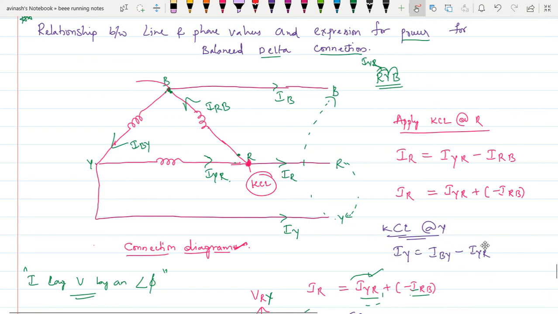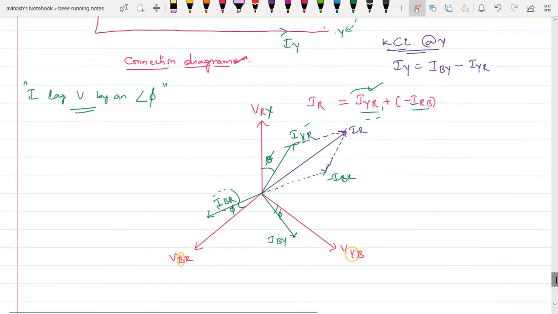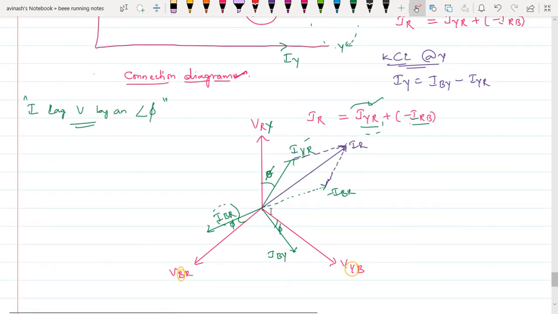If you simplify that in the same way, we get IBR minus IYB.